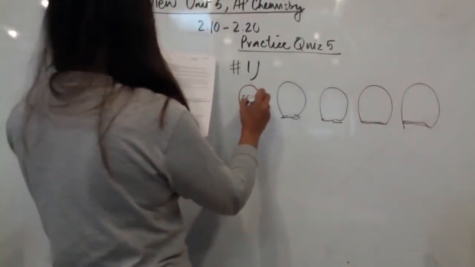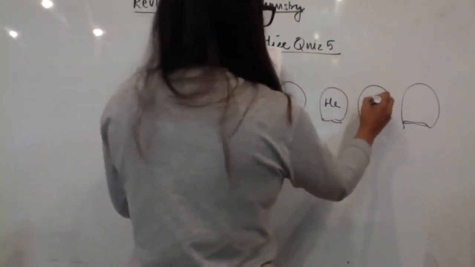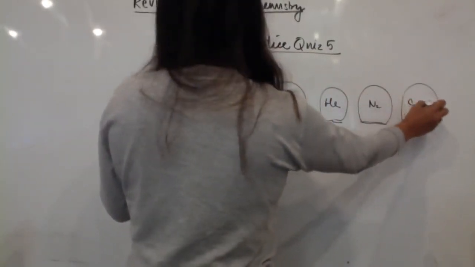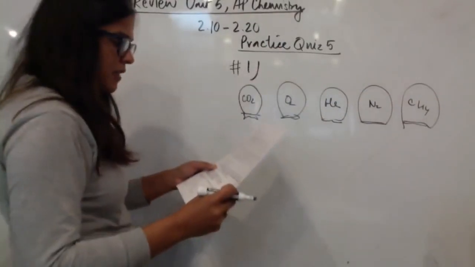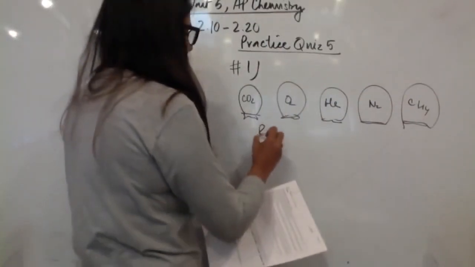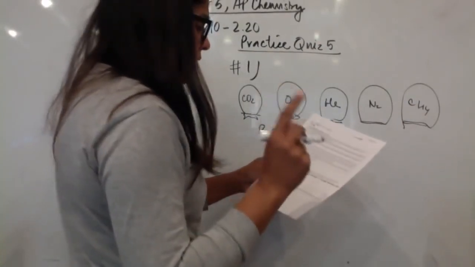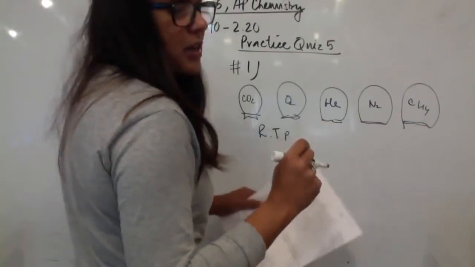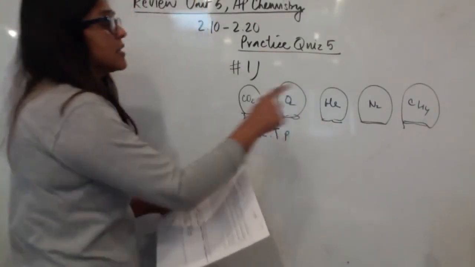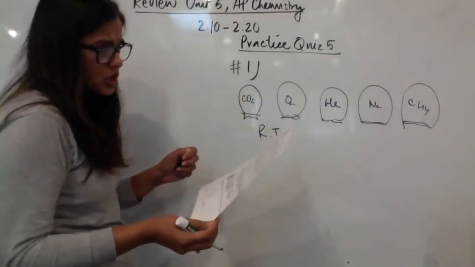They have CO2, O2, He, N2, and CH4. They say there are 5 different balloons filled with different gases at room temperature and pressure. So their temperature and pressure are the same. And if they are the same size, as a side, you can tell that their moles will be the same. Anyways, that's not what this question is about.